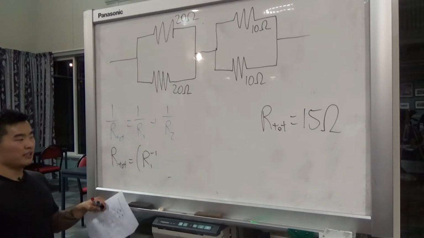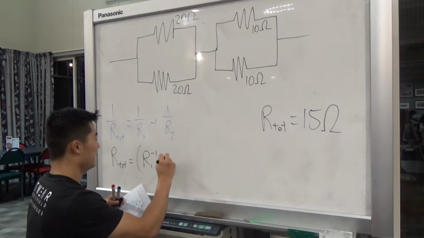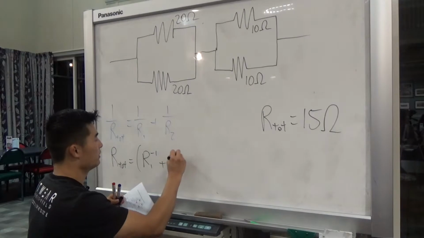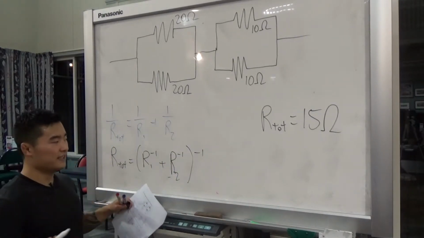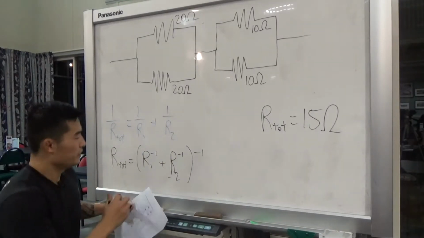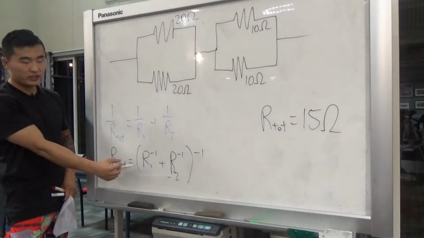So remember that R1 to the negative 1 is the same as 1 over R1. And R2 to the negative 1. And then put that all in brackets and put a negative 1 on the outside of it as well. What that means is that you can just do that all in one step on your calculator if you put it in like that.